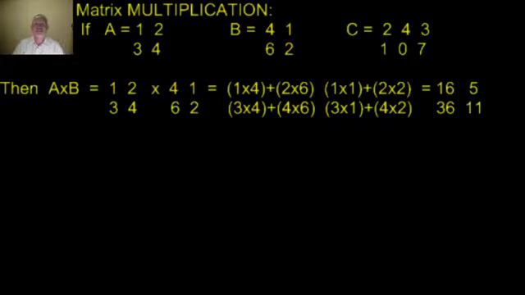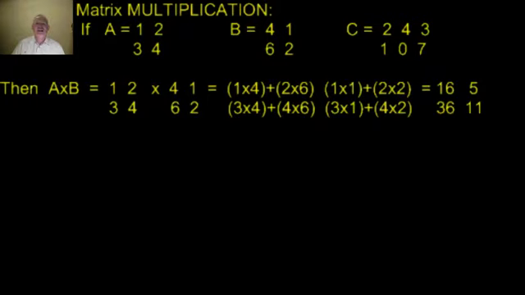That's a pretty silly example, but it shows you that the way we calculate when we multiply matrices together is we take the first row, so we take the 1 and we multiply it by the first column, so that'll give us 1 times 4, and then we'll add that to 2, which is 2 biscuits, times the cost of a biscuit, $6, so 2 by 6. So basically we end up with the number 16 for that first entry in our matrix, and so on.